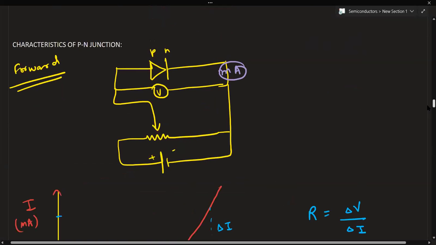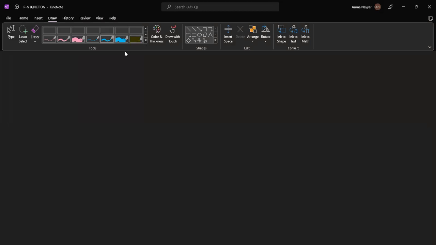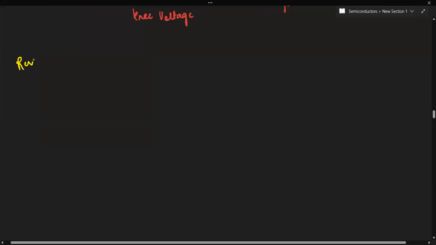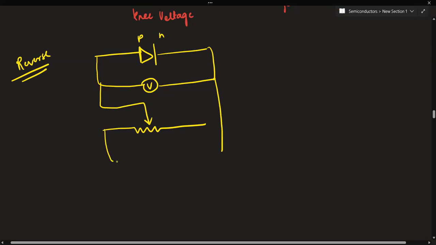Now, if this was the setup for forward biasing, if I draw the similar setup for reverse biasing, let's say in case of reverse biasing, this is the P type, this is the N type. Again, voltage has been connected, voltmeter has been connected, potentiometer or rheostat is connected, and a battery of higher voltage is connected.